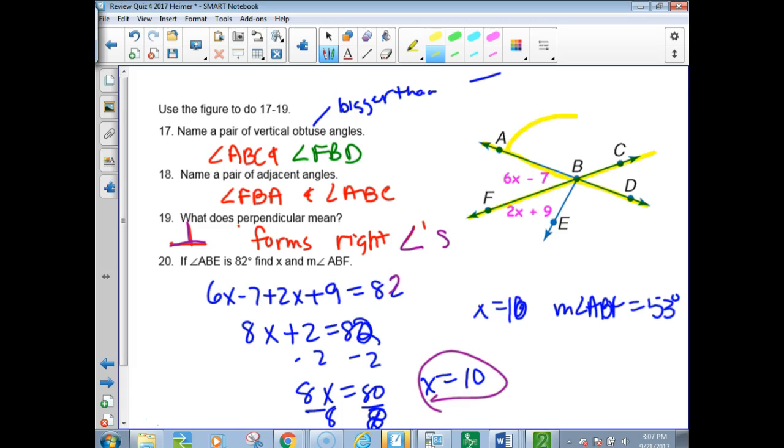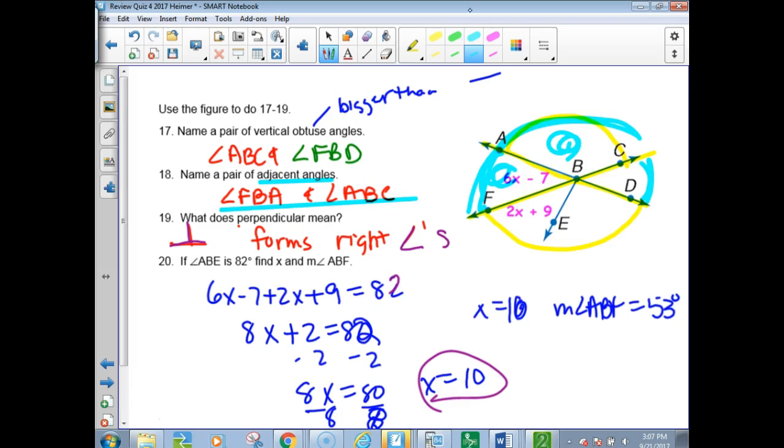So there's one of them, ABC and FBD. If I wanted acute ones, then I could have done this one and this one. If I want adjacent angles, then I could have done these two. FBA and ABC, those are adjacent.